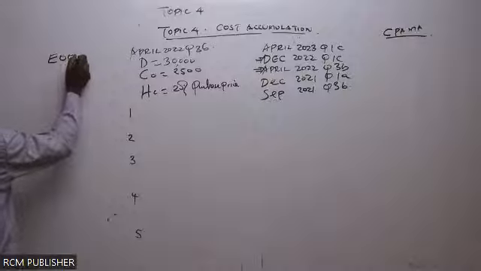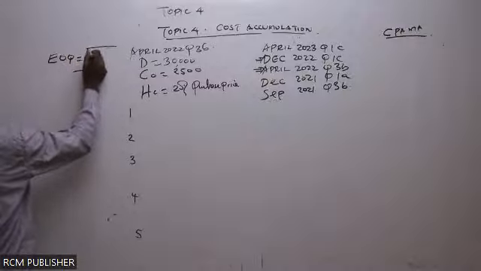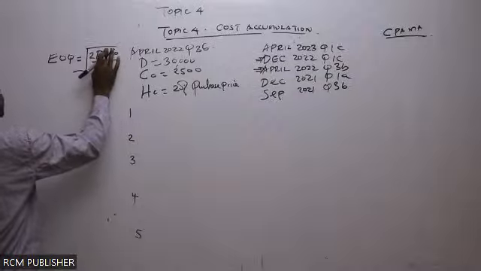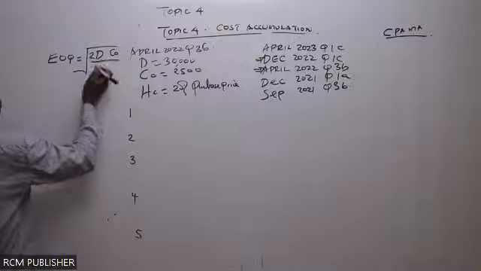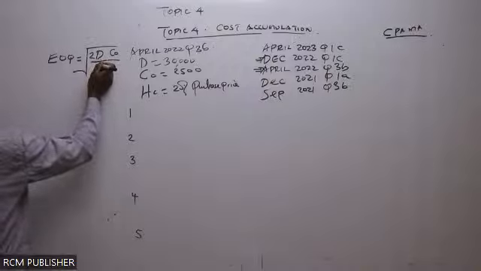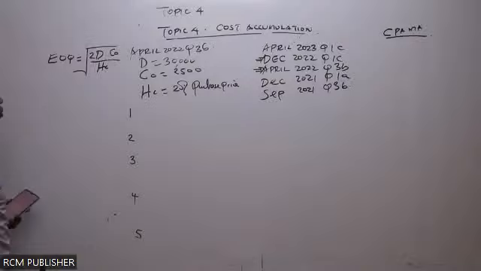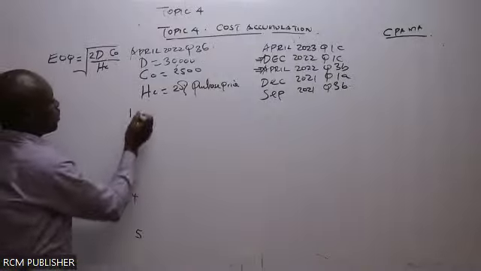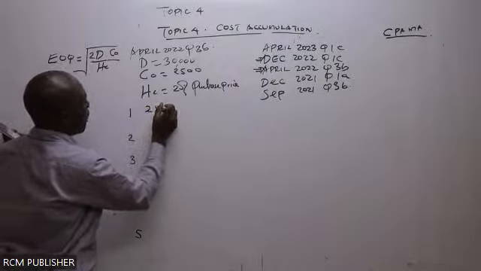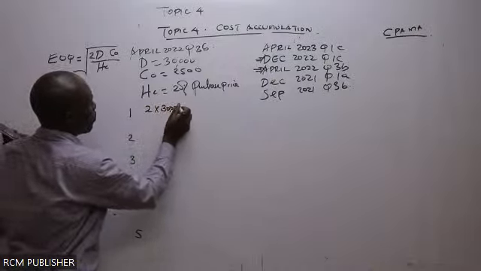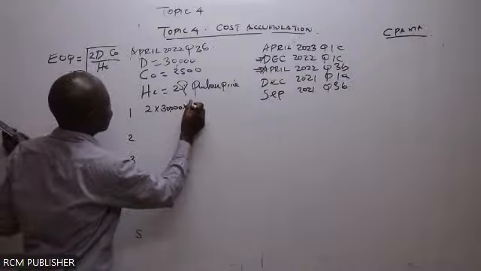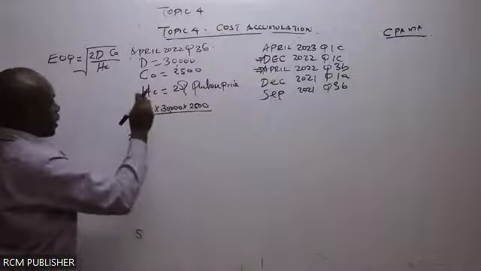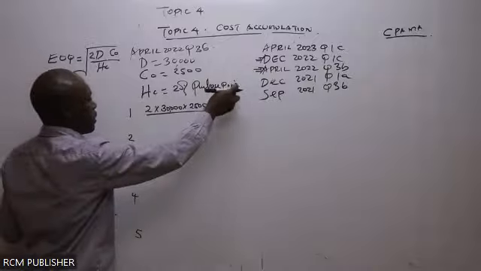Economic order quantity is equal to the square root of 2 times demand times ordering cost over holding cost. The first one, how are we going to get our economic order quantity? We are going to have 2 times demand, which will not change, times ordering cost of 2,500. Then we divide by carrying cost, which is 20% of purchase price.